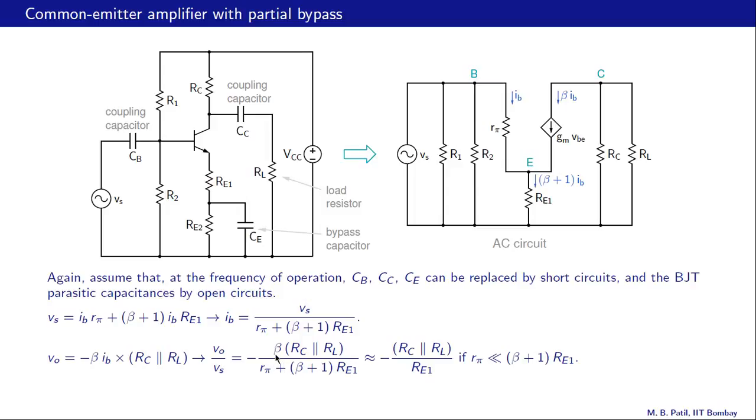And again, if beta is reasonably large, like 100, this will be 100 divided by 101, which we can say is nearly 1, and we end up with the gain equal to minus RC parallel RL divided by RE1. And typically this will turn out to be smaller than the gain of the common emitter amplifier.